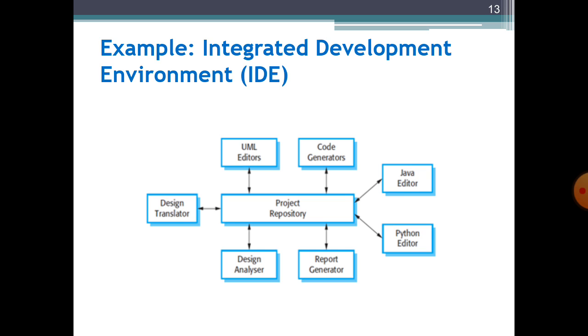So in short, data generated by any one component in this type of architecture will be used by another component. So here is an interactive development environment example of how a repository architecture is actually implemented in the real world. I hope in this IDE example you will get a clear idea about how repository architecture is actually being implemented in a real world environment.